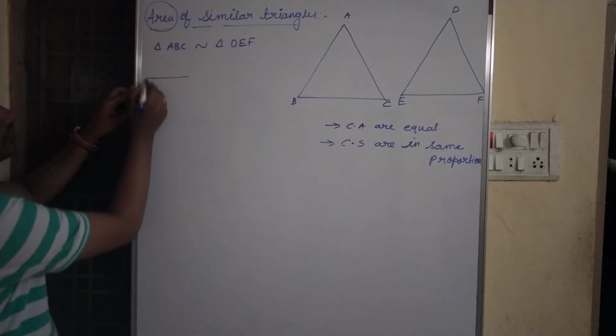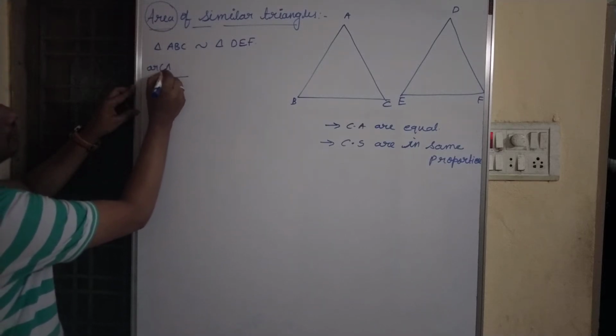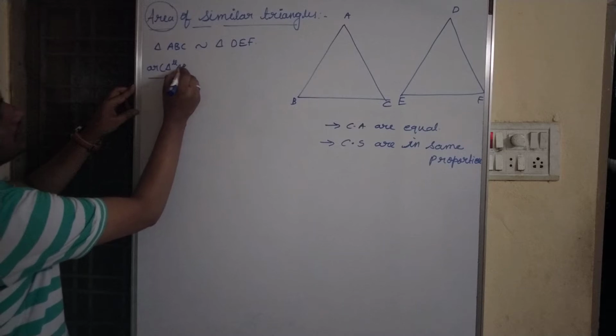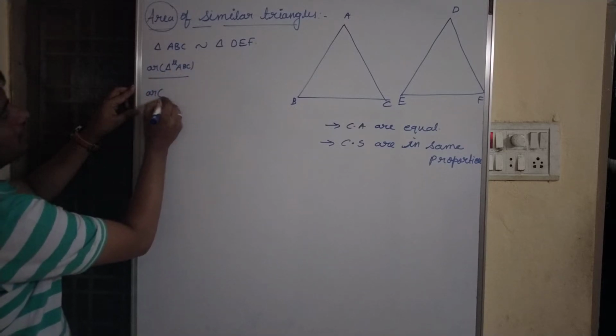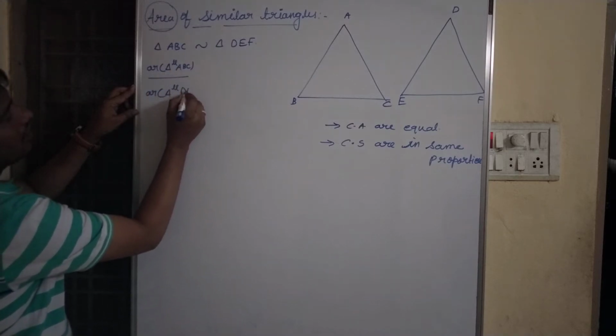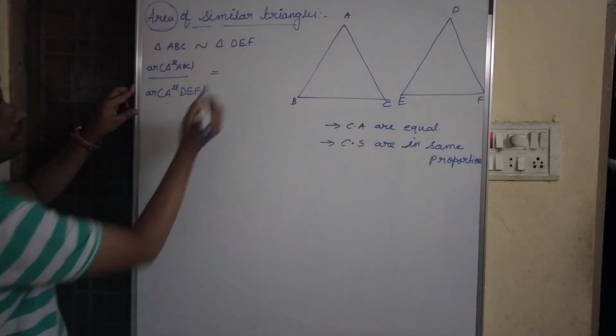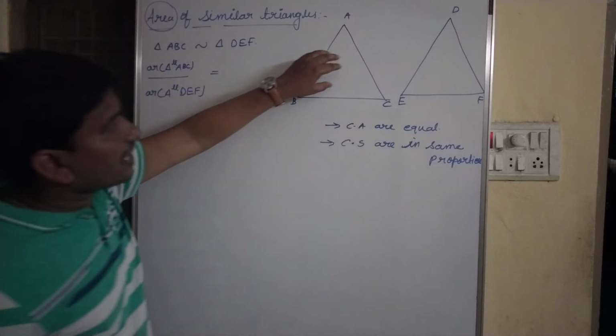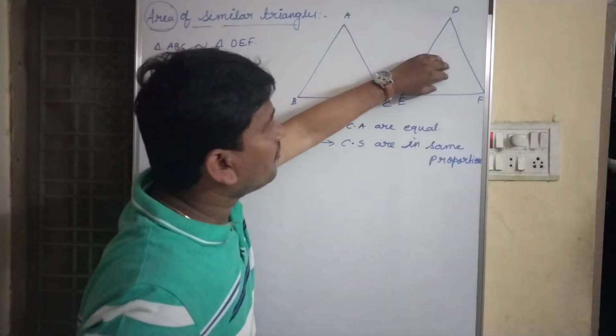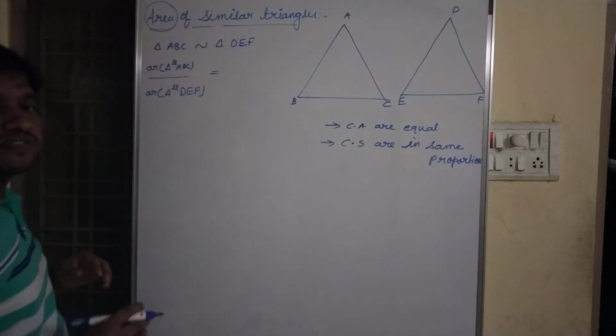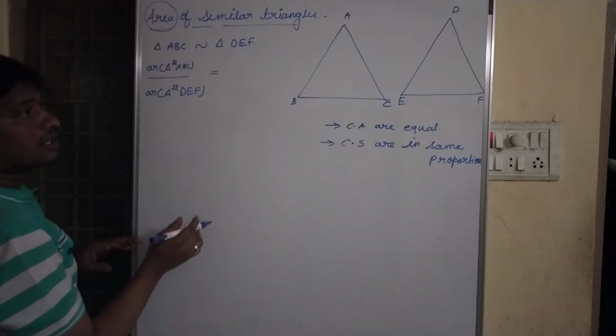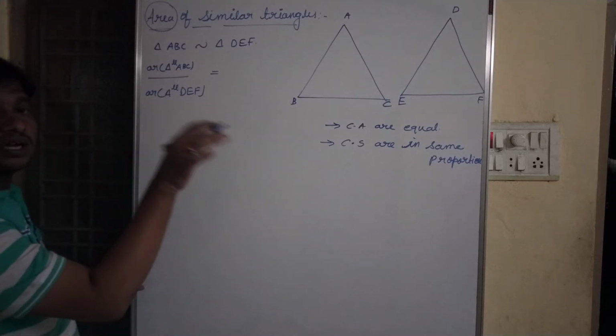Ratio of area of triangle ABC by area of triangle DEF is equal to the ratio of the squares of their corresponding sides.